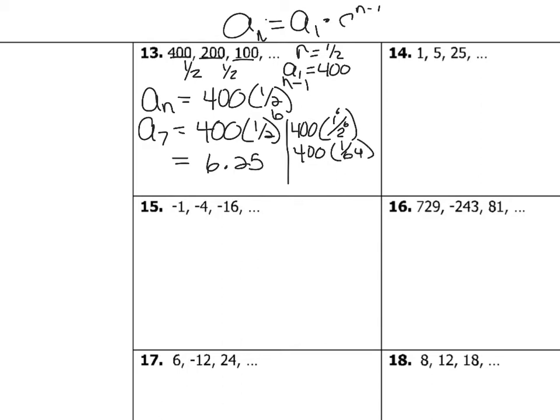And 400 times 1 over 64 is the same thing as 400 divided by 64, which is 6.25. Okay? So just in case you have one of these on the no calculator part of the EOC test.